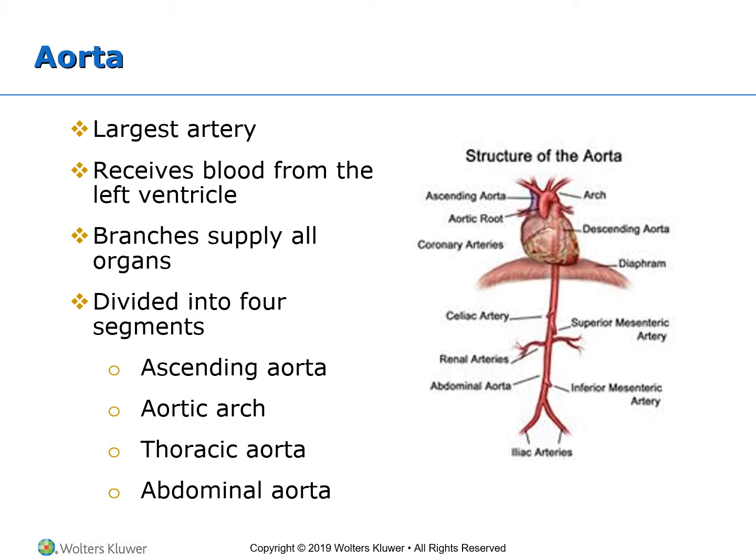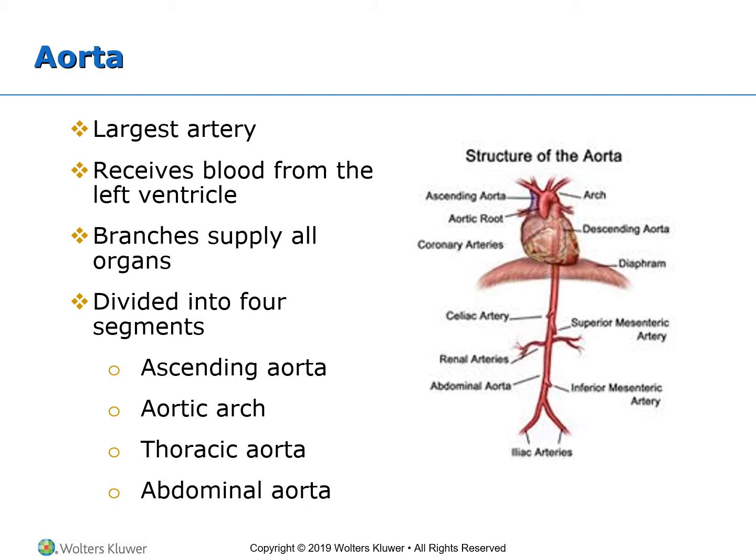It has an ascending trajectory out of the heart, goes upwards towards the head, arches back, and starts traveling down through the body, and by doing that, it's able to branch out and supply blood flow to all the organs.